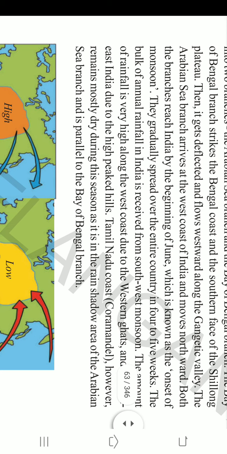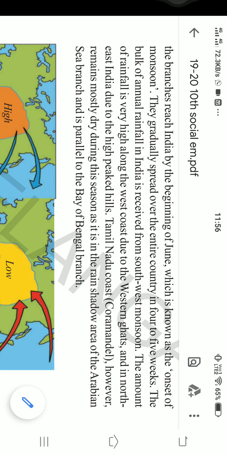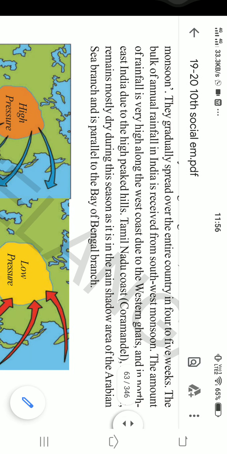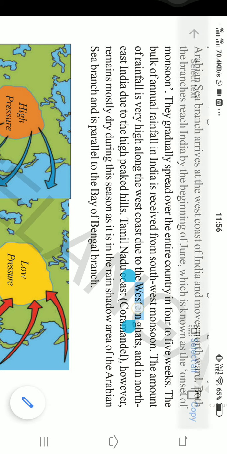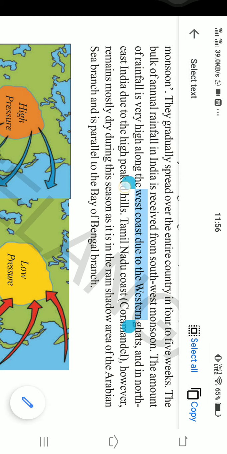And these winds are coming in the direction of southwest, so we call them southwest monsoons. They are coming from the Indian Ocean, so these winds bring a high amount of rainfall. Bulky rainfall takes place at the west coast of the Western Ghats, and in northeastern India.